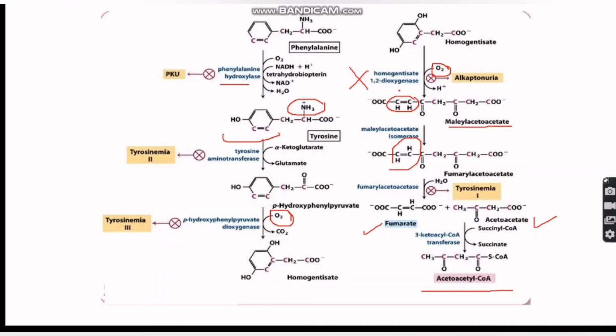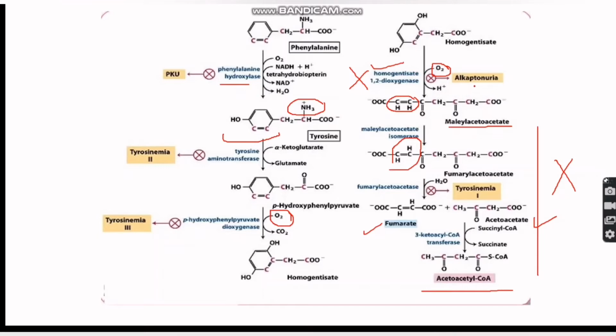If the enzyme is not working properly, then obviously it will fail to convert homogentisate to maleylacetoacetate, which means it will not be converted into acetoacetyl-CoA. So the whole remaining pathway will be inhibited, it will be stopped. Why? Because this enzyme is defective and not working properly.